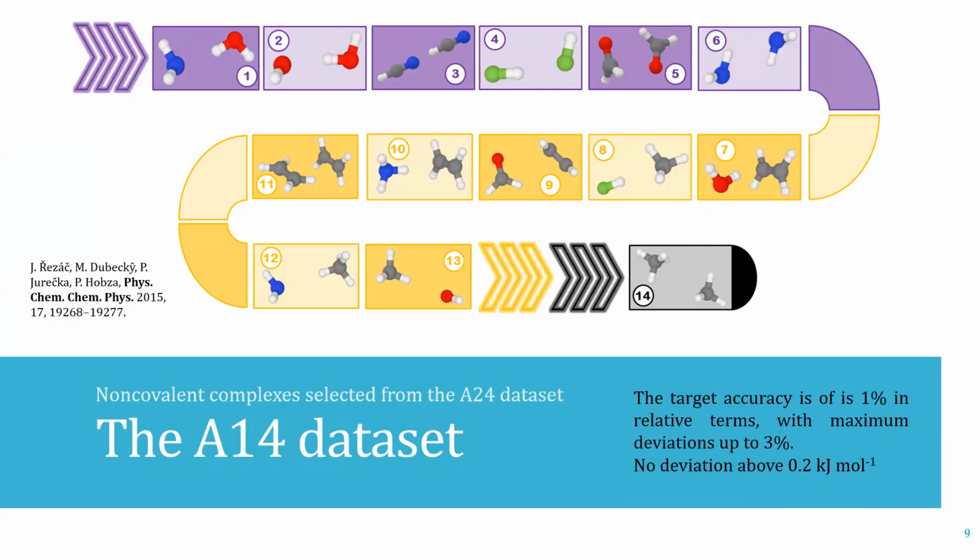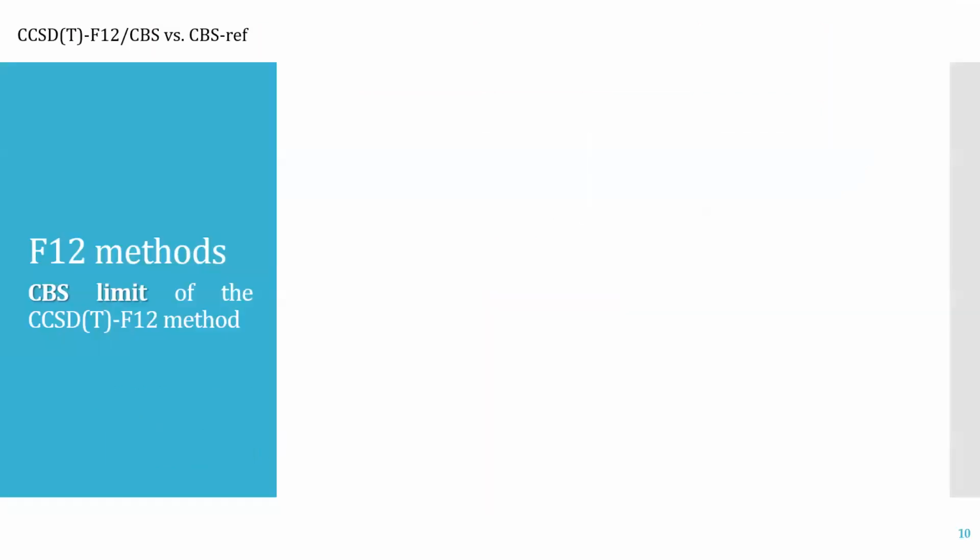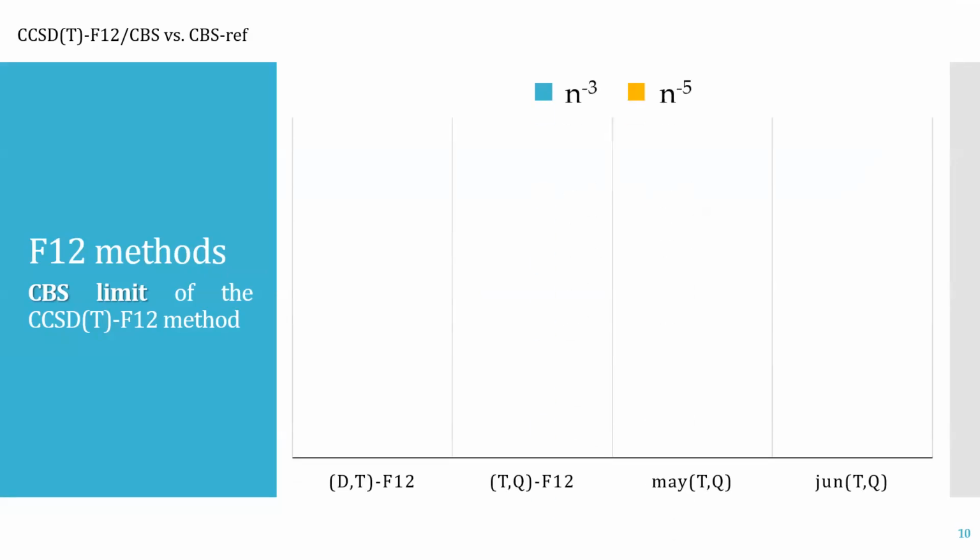And our target accuracy has to be around 1% with respect to the accurate data reported in the reference. So let's start to understand how we compare our CBS limit with respect to the CBS limit of the reference data. And so here we are extrapolating CCSD(T)-F12 energies.